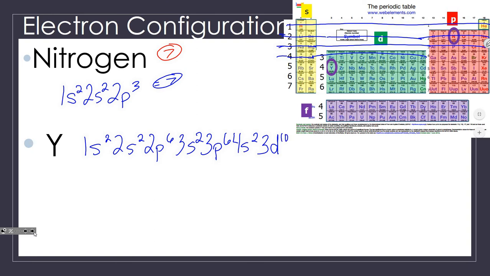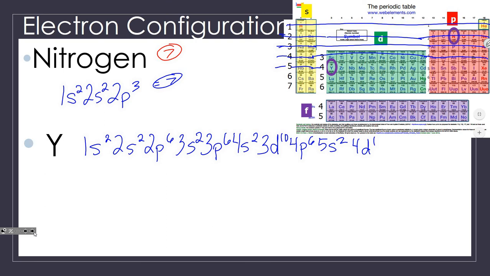Good. Then the fourth row, the 4p, and how many? 6. Then the fifth row, the 5s, and we're going to go through 2. Then the fourth row, the 4d, and go through 1. Yes, you didn't have to write the 1.